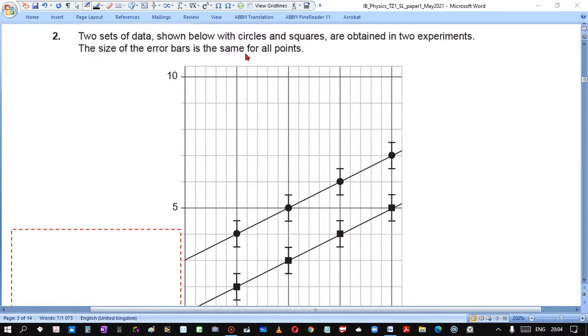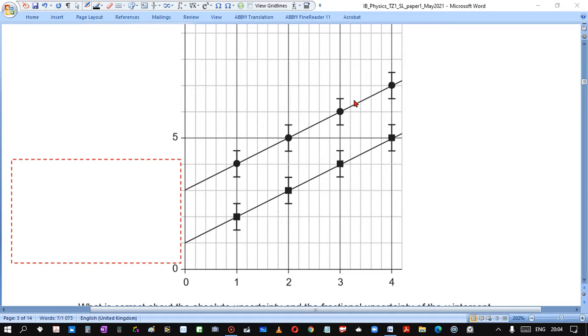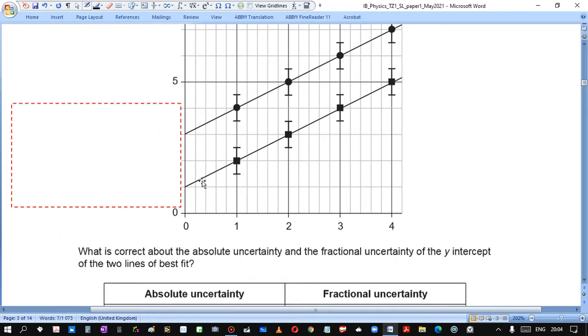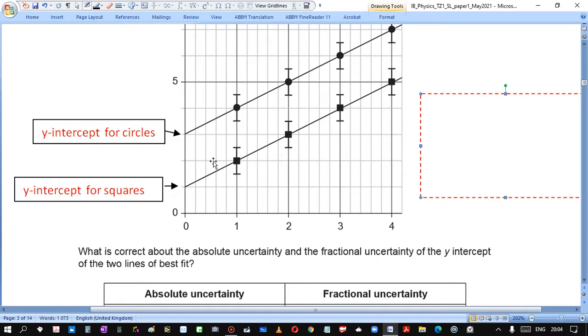Two sets of data shown below with circles and squares are obtained in two experiments. The size of the error bars is the same for all points, so absolute uncertainty is the same. What is correct about absolute uncertainty and fractional uncertainty of the y-intercept of the two lines of best fit? The y-intercepts are 3 for circles and 1 for squares, and absolute uncertainty is half.